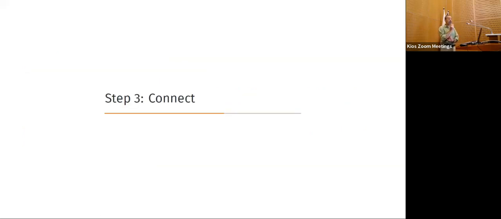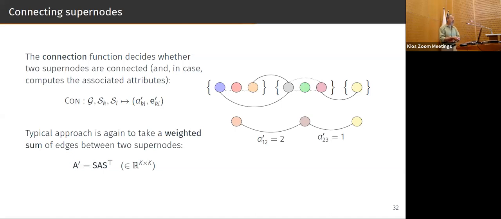Well, the third step is the connect. So in the connect, we have these, again, meta nodes. In the reduce, we were able to assign some features at the node level. And now we want to link, to create the connection.